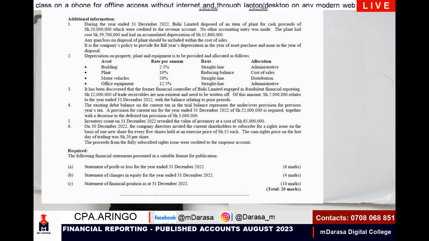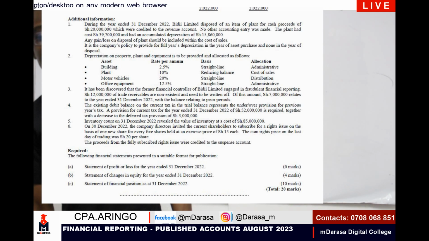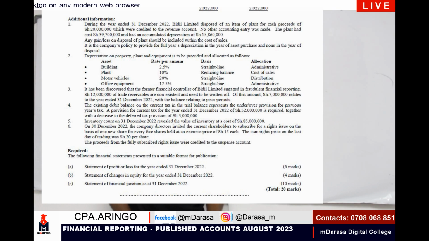Note 3: it has been discovered that the former financial controller of BD Limited engaged in fraudulent financial reporting. 12 million of trade receivables are non-existent and need to be written off. This person didn't have ethics.